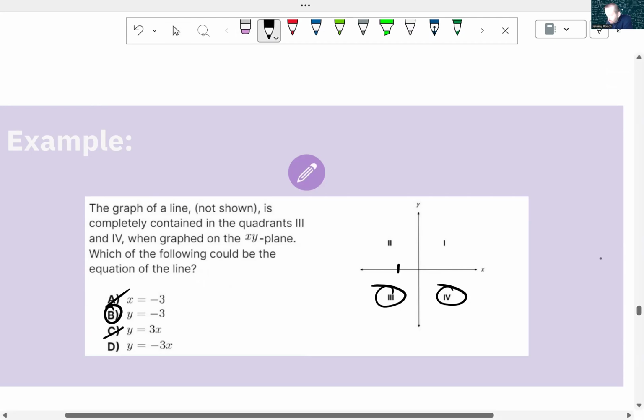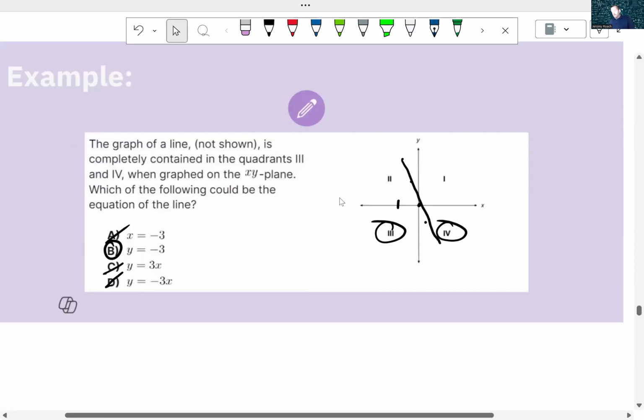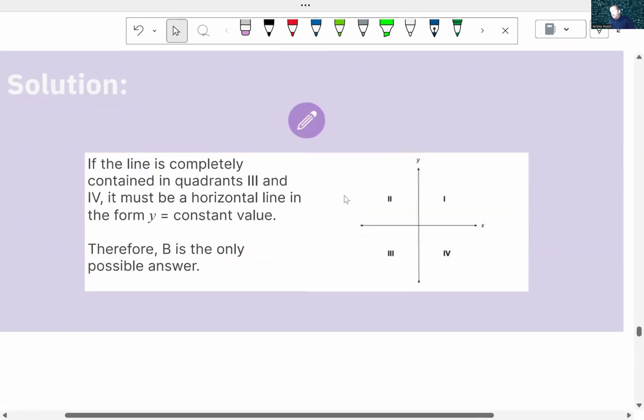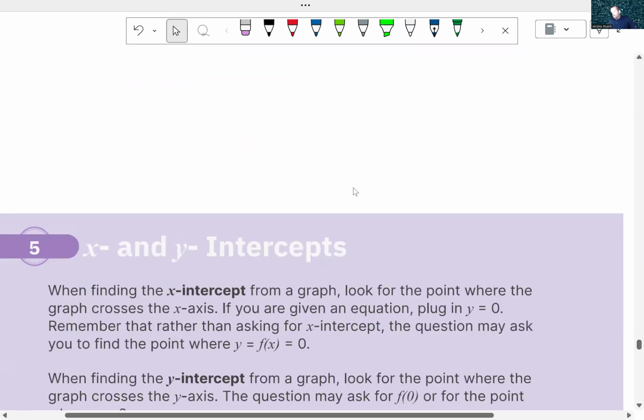I'm going to start at 0, 0, go down 3 over 1, down 3 over 1, up 3, back 1, up 3, back 1. So that one goes through 2 and 4. That one's not right either. That was the answer there.